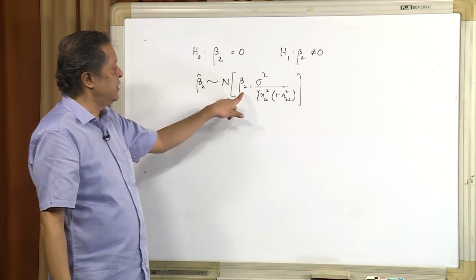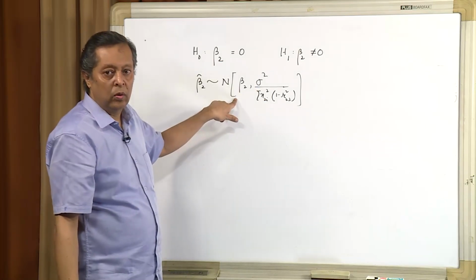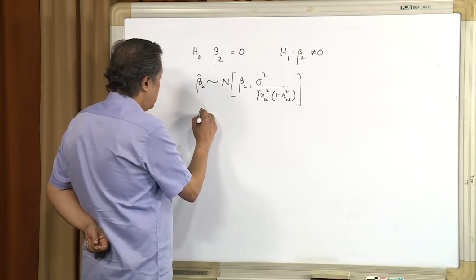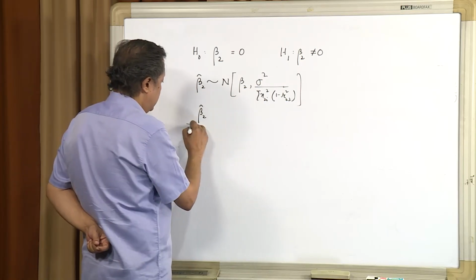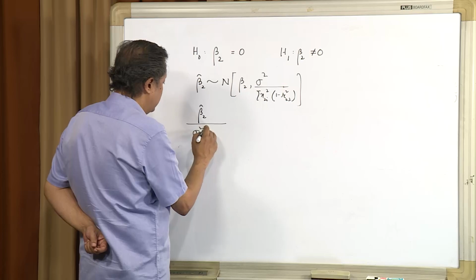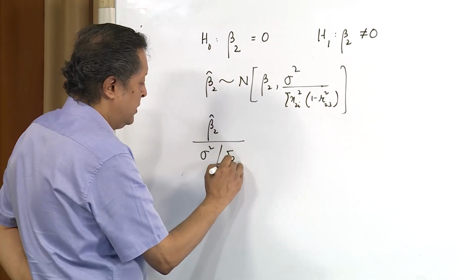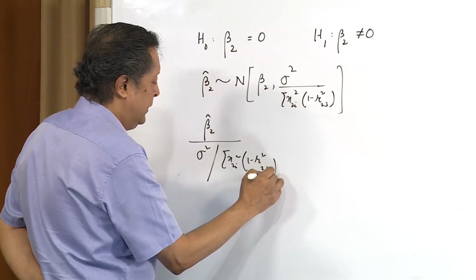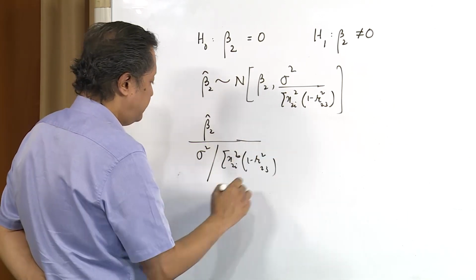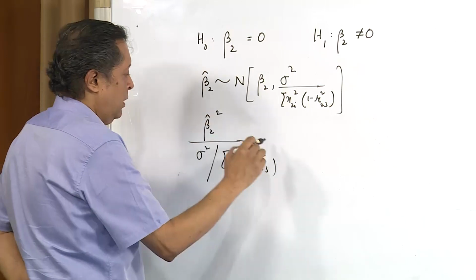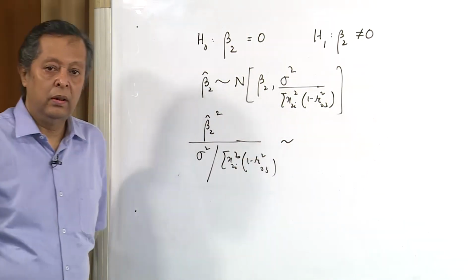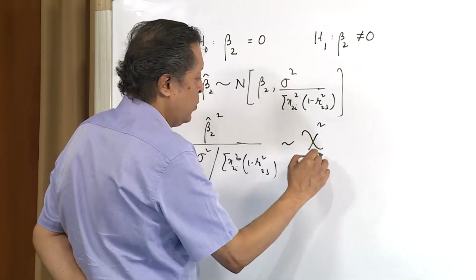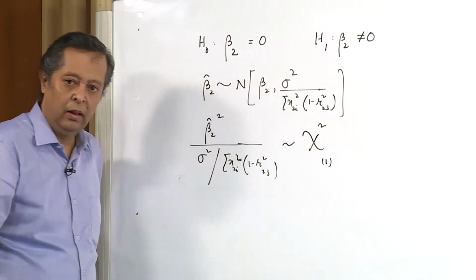Under the null hypothesis, beta 2 is equal to 0. So, if the null hypothesis is true, then beta 2 hat divided by the square root of sigma square by summation x2i square into 1 minus r square 2 3 follows the standard normal, so its square follows a chi-square distribution with 1 degree of freedom.